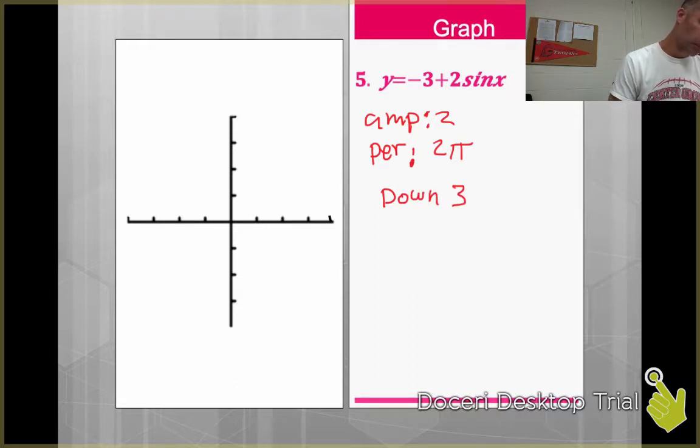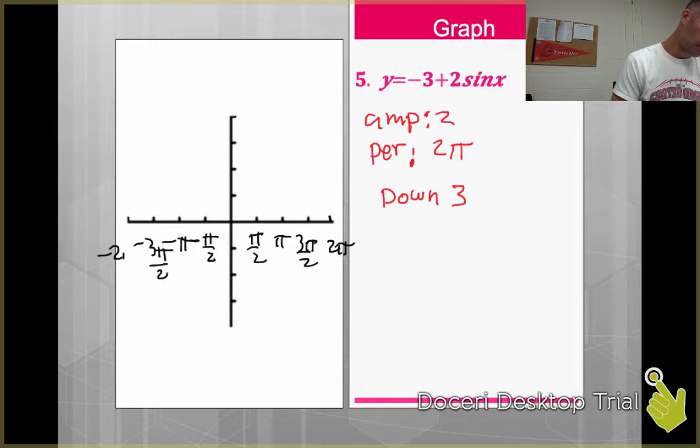All right, so I put in my, this would be pi halves, this would be pi, this would be 3/2 pi, this would be 2 pi, negative pi halves, negative pi, negative 3/2 pi, negative 2 pi. Okay, so this is a sine graph. So I know a sine graph starts right here at the origin, and this says we got to move that down 3 units.